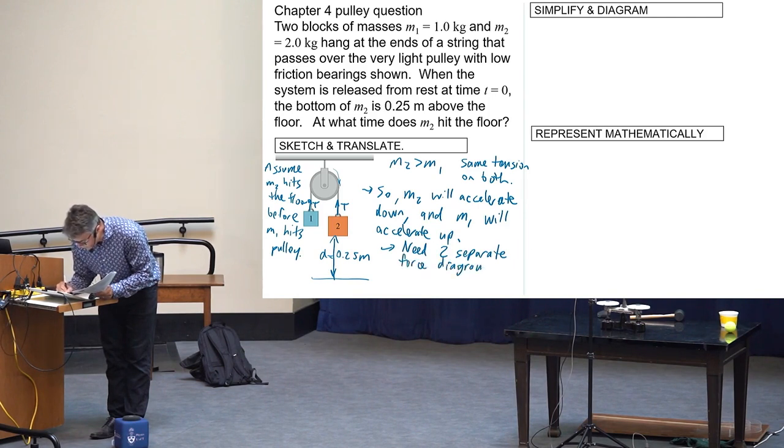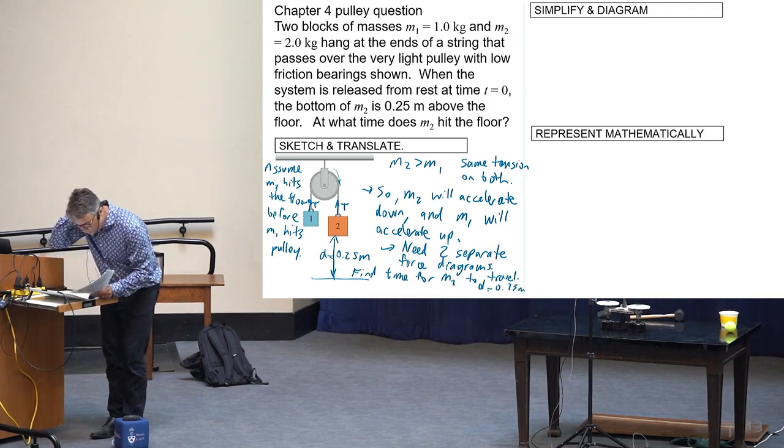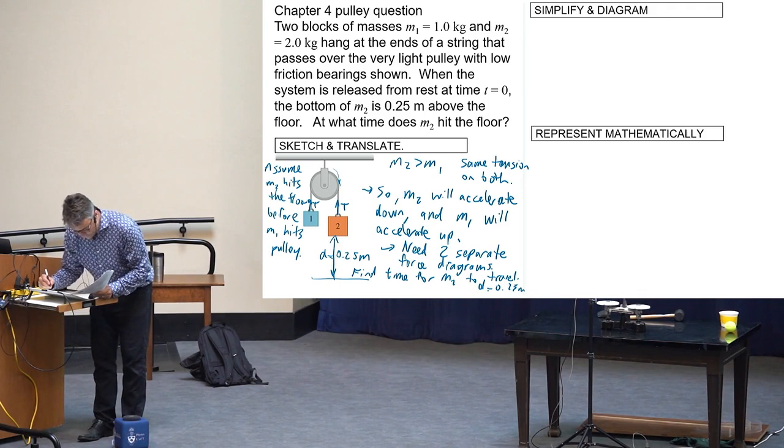Sorting out my thoughts here. And then what we're going to do is find the time for M2 to travel. Once we have its acceleration, we know it was released from rest. D is equal to 0.25 meters. So what I'm going to do is split it up here. I'll do my M1 force diagram and my M2 force diagram.